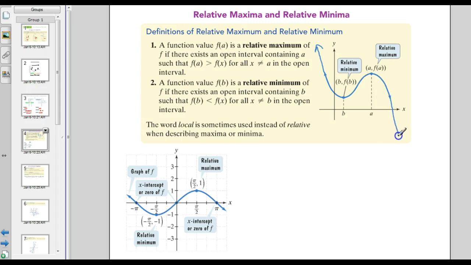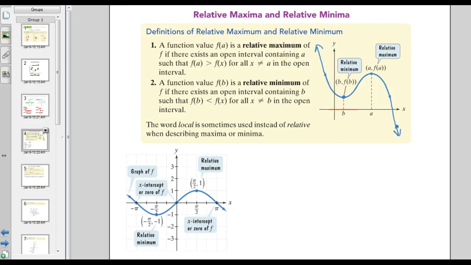This keeps going downhill, as indicated by the arrow. So this point right here, f of b, is not the lowest. There's a point over here that's lower, but there exists some interval down here on the x-axis where this is the lowest point.